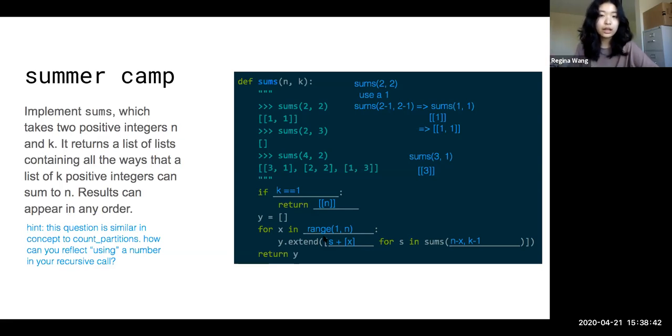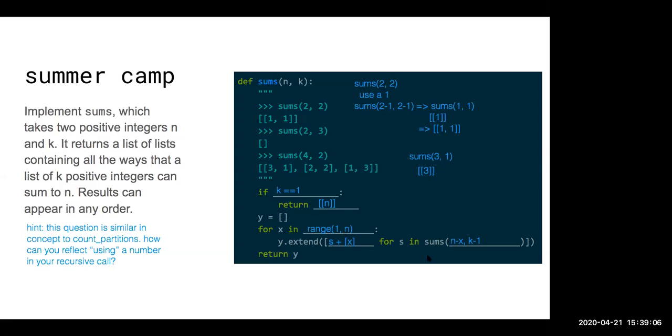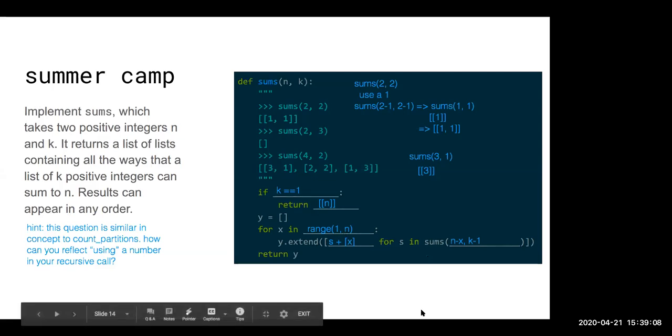If the first number you use is 1, or if the first number you use is 2, those will create possible sums. So that's why you have to go through each number, and you get that by calling range, and that's how you get x as each positive number that's less than n. Oh, that makes sense. Thank you.